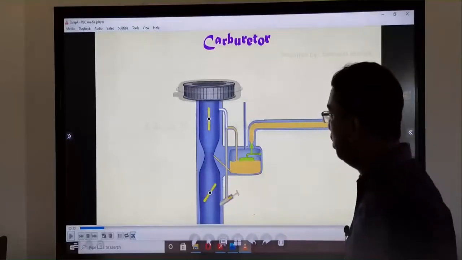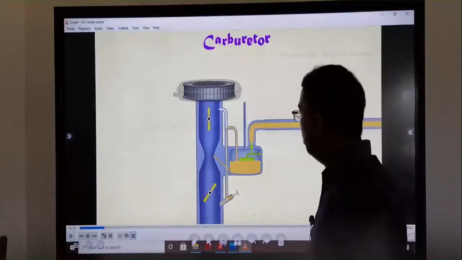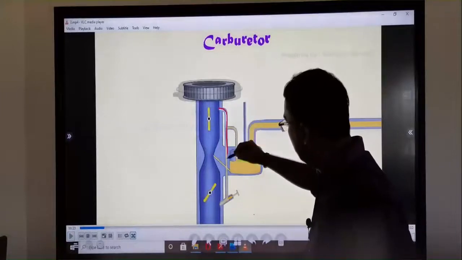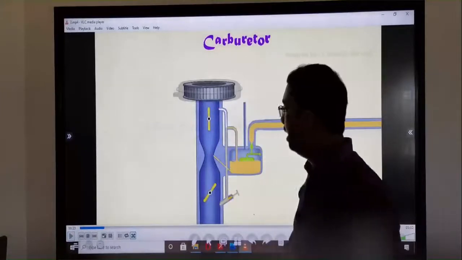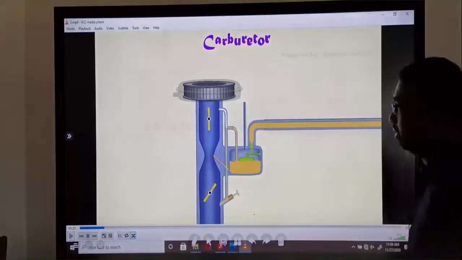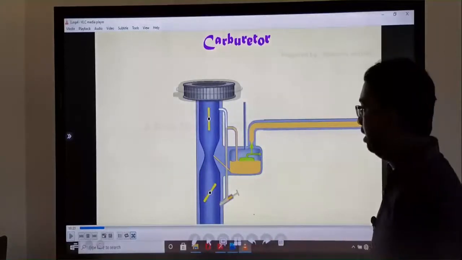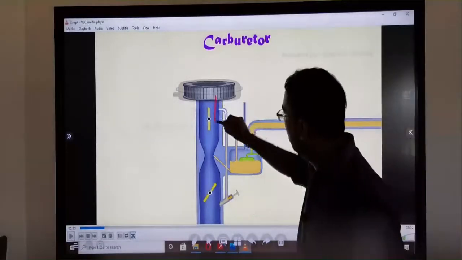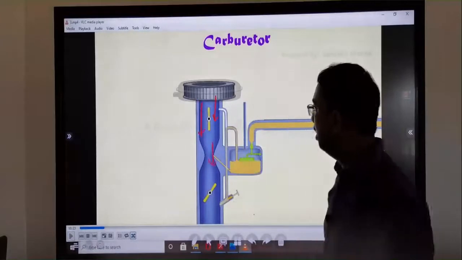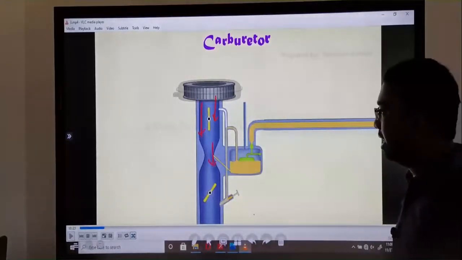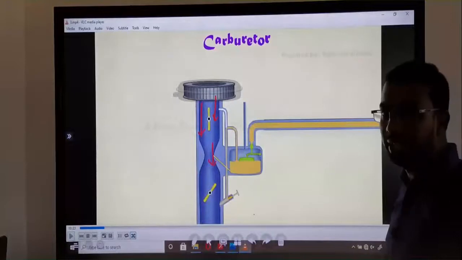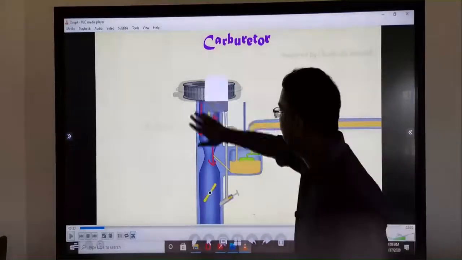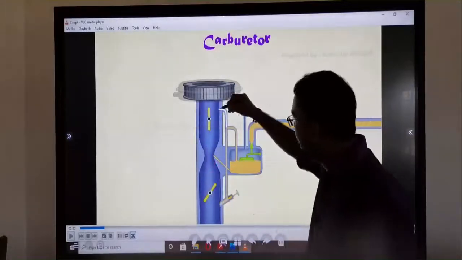So we can see another condition here, because this type of tube we normally call the idle tube, because there are two conditions. First, if the vehicle starts to move, the air works through this space. When the vehicle is only starting, that means idling condition, we don't need much air or fuel. So at that time this type of carburetor uses this idle tube.